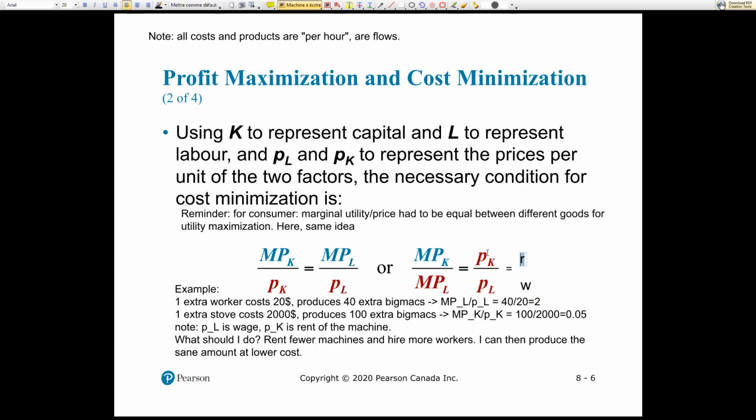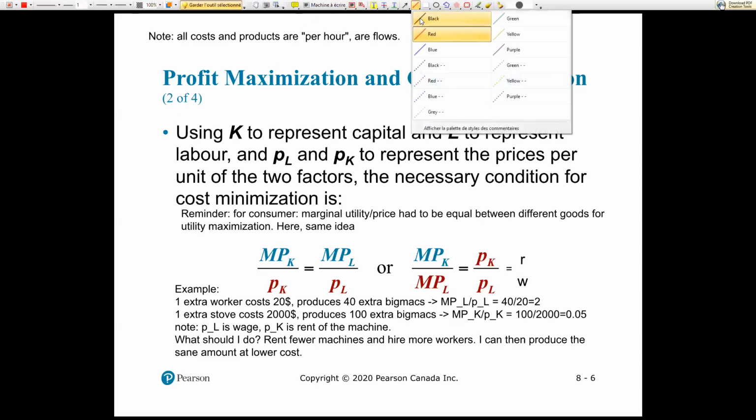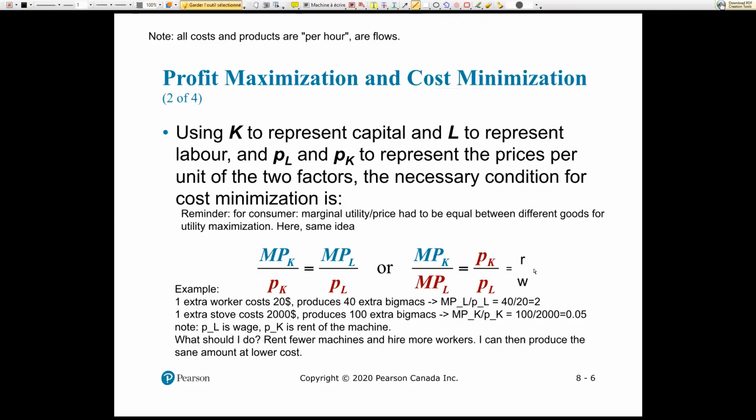It could be anything, but we know in reality it's the rental rate for the machines and the wage rate for the workers. Right. Let me put some line there. Okay. And in here, I give you some example of it.